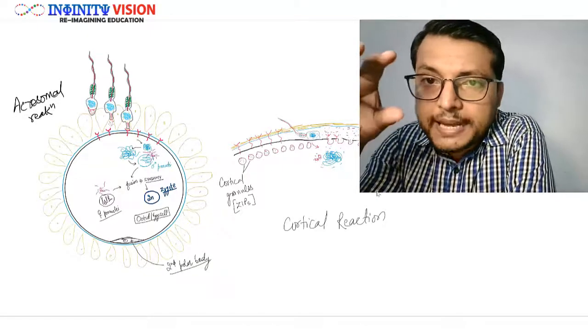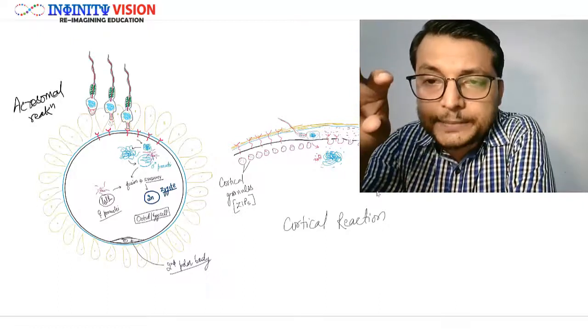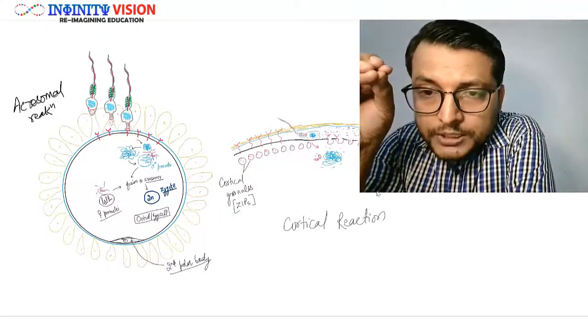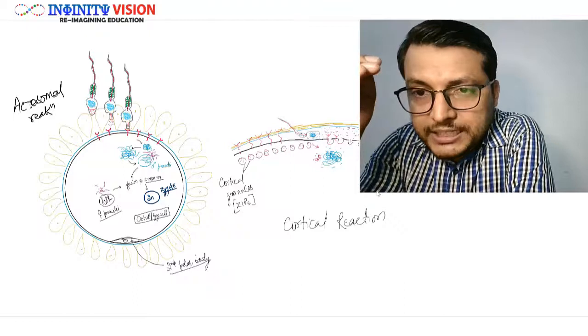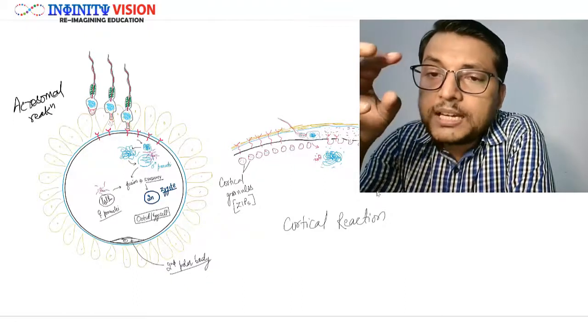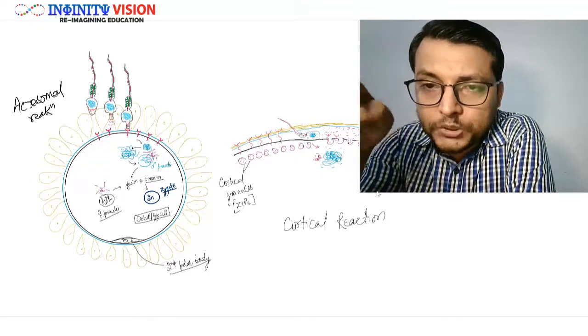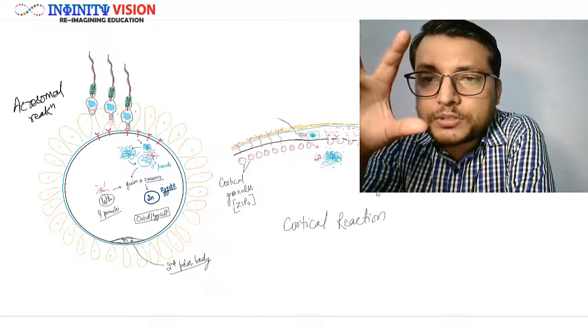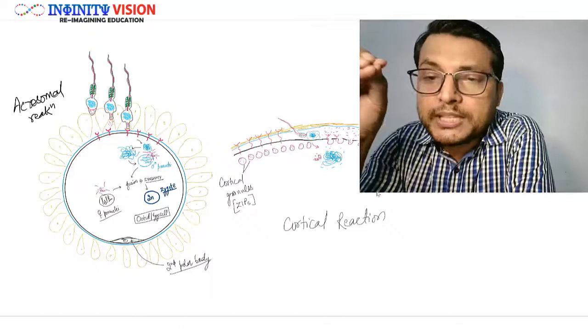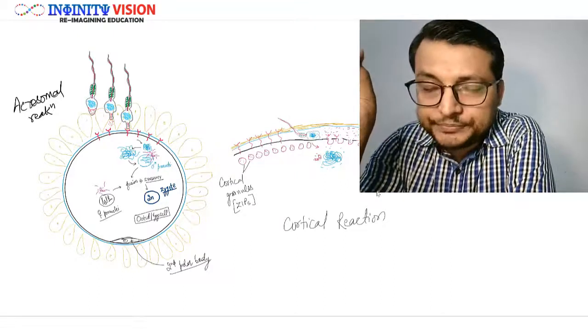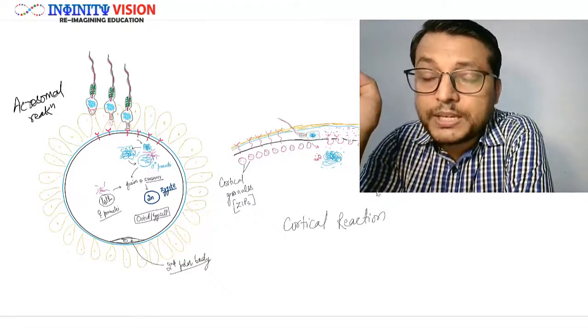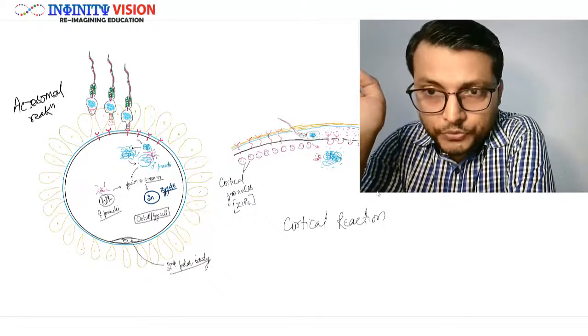The ovum had a secondary oocyte and first polar body, then there was the perivitelline space, and finally above that was the zona pellucida, and on the surface of the zona pellucida there were the cells of the corona radiata. Correct?